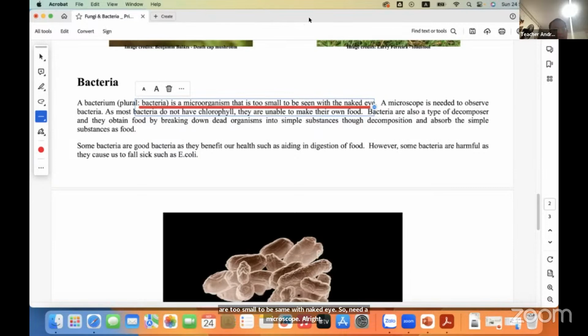Okay, yes, I saw some raised hands. Yes, Tommy, any questions? Can I say something, please? Sure. There is something large enough to see with the naked eye, I know there's a bacteria with a nickname called pirate's eye or something, that is a pretty large bacteria.